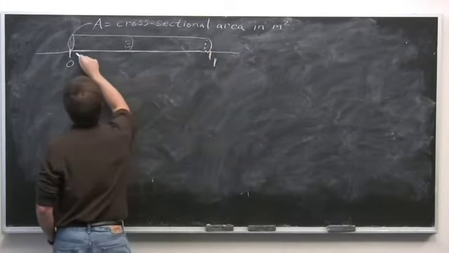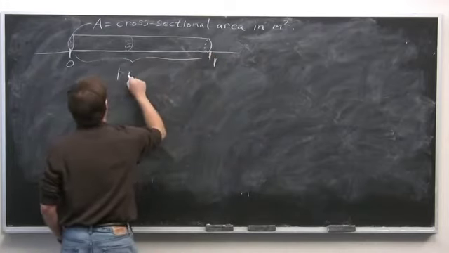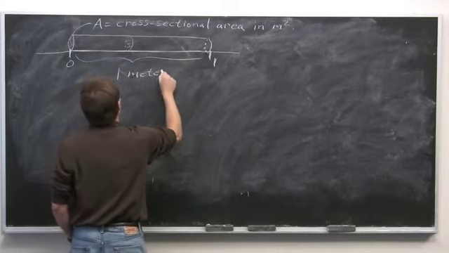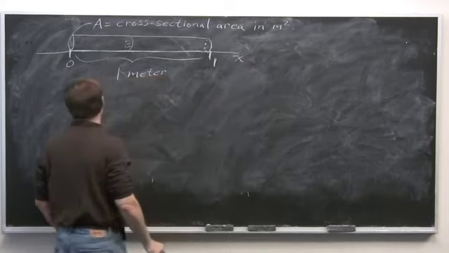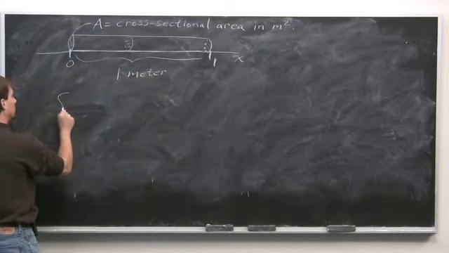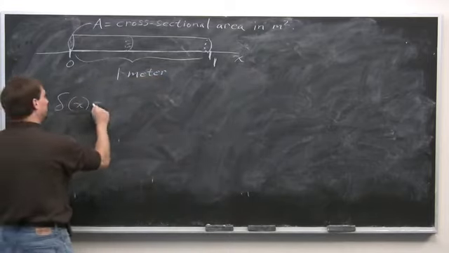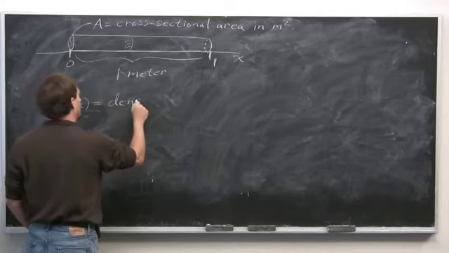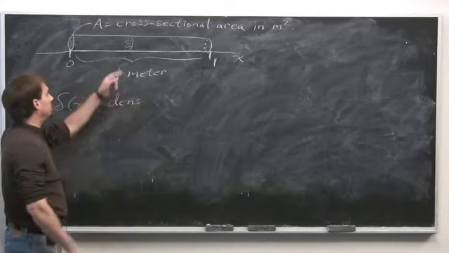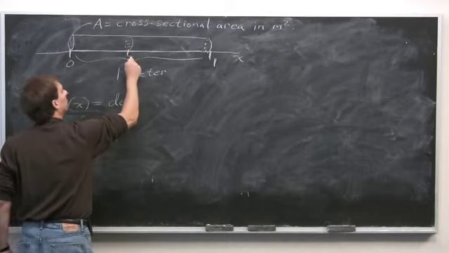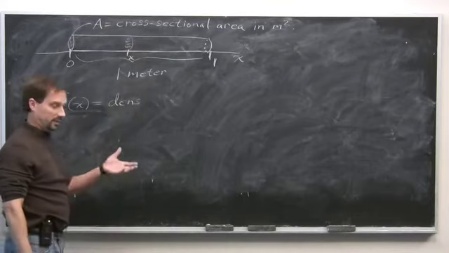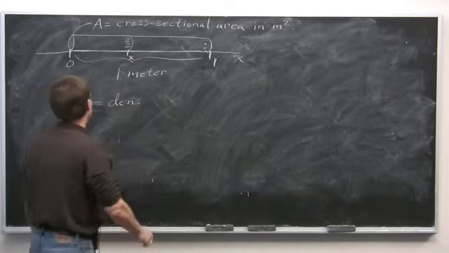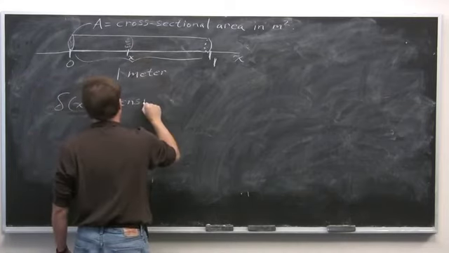And I'm assuming that the density of the rod at any point at x-coordinate x, at a fixed x-coordinate, the density in kilograms per cubic meter is the same for a fixed x.